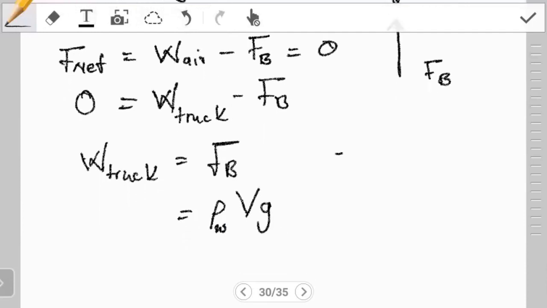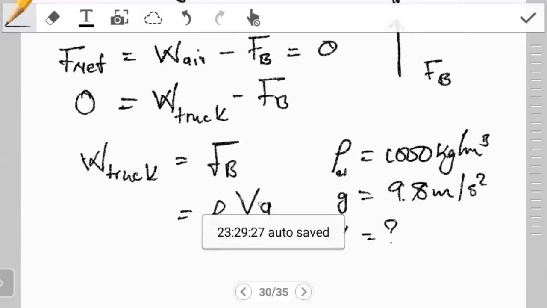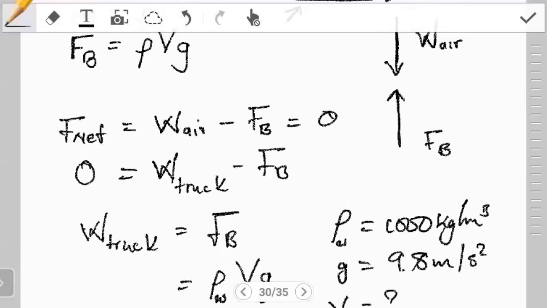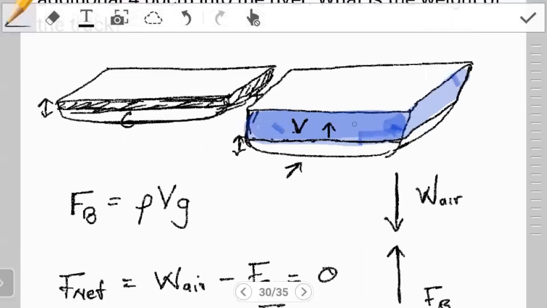So let's take the density of water to be 100 kgs per meter cubic. G, we're going to take it as 9.8 meters per second squared. It is an acceleration. And then lastly, what is V? This is the volume of water displaced. And just as we discussed earlier on, the volume of the fluid displaced is equal to the section that actually sinks, the object that displaces it.